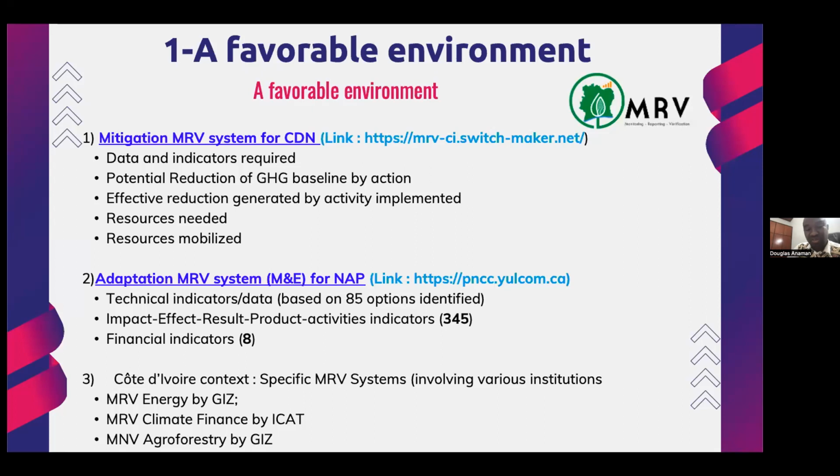More to the point, the impact, effect, result, product, activities indicators are 345. In addition to those 345 indicators, we also have 8 financial indicators. So you have some great achievements made by Côte d'Ivoire between 2015 and 2022.